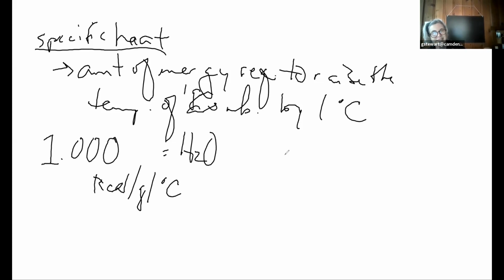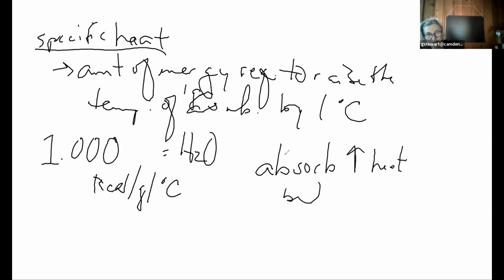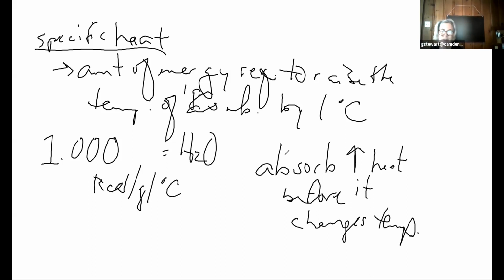Well, what it means for us is that water can absorb a high amount of heat or energy before it changes temperature. This is important for life on Earth, for climate, and for organisms that need to maintain homeostasis and moderate their temperature inside their bodies. Okay?